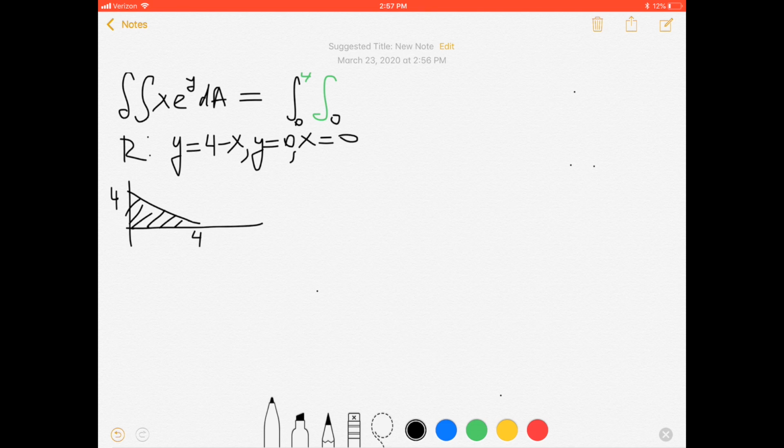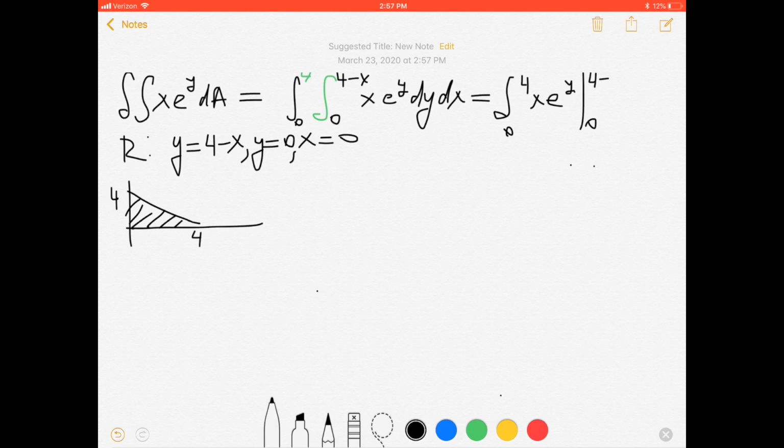Y changing from 0 to 4 minus x. Here I have x e to the y dy dx. Integrate, the first step is no problem, and you have the integral from 0 to 4 of x e to the power y, where y is from 0 to 4 minus x, dx.